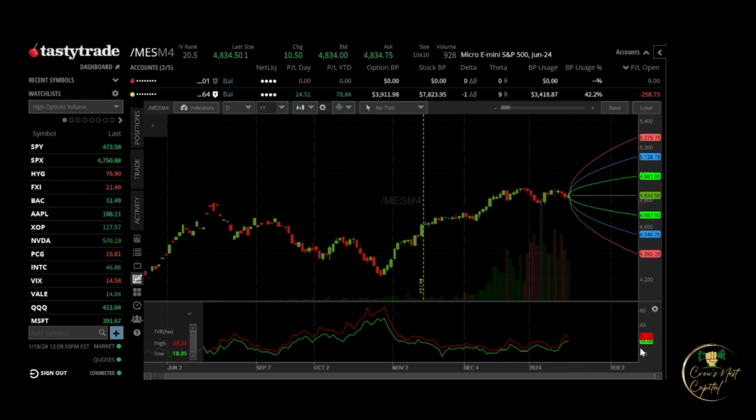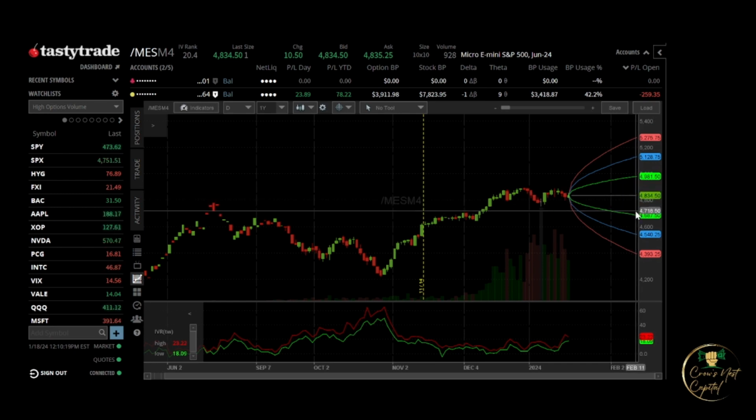With volatility increasing, if there is a move to the downside, volatility was low. I'm expecting, well, with these cones, I should say the green is 1 standard deviation, blue is 2, red is 3 standard deviation. Most of the time it's going to stay inside of the green cone.